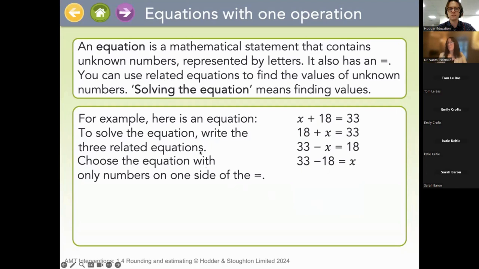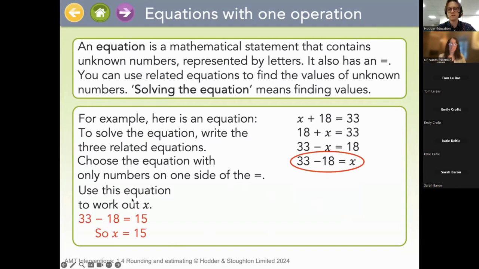Now students are asked to choose the related equation with numbers only on one side of the equal sign so they can find the value of x. And there it is. And this enables them to then solve the equation. The beauty of this explanation is it relates to the way students are likely to have been taught to solve equations using an inverse operation, getting x on one side of the equal sign, and so on.